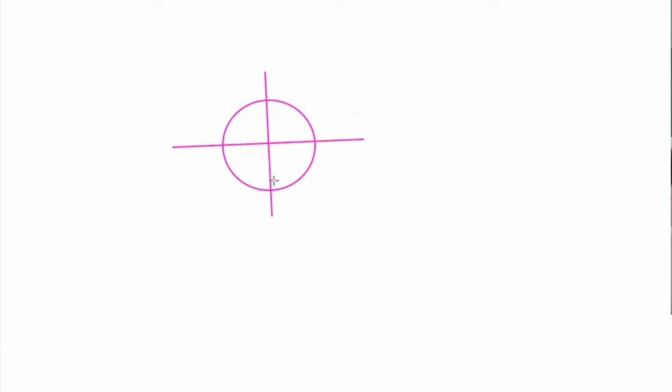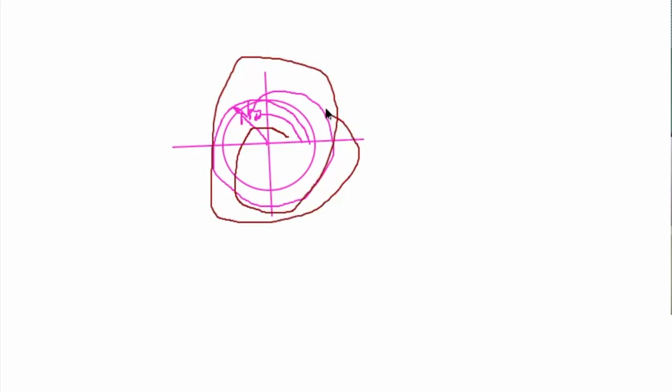Wait, so why did we add the 360n again? Well, let's say this is the complex plane, and let's say we have a point here. I can call this r cis theta, but the truth is, it's also r cis theta plus 360 degrees, and it's also r cis theta plus 720 degrees. So there's an infinite number of ways to do this.